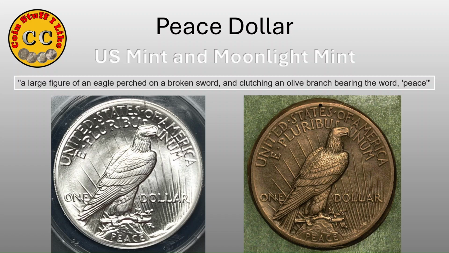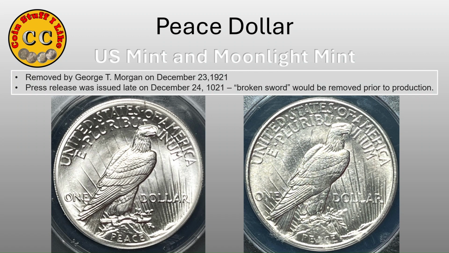So the mint got that message. And so on December 23rd, again, 11th hour, December 23rd, DeFranceschi and George T. Morgan, who's a chief engraver at the mint at the time, they got together on that date.